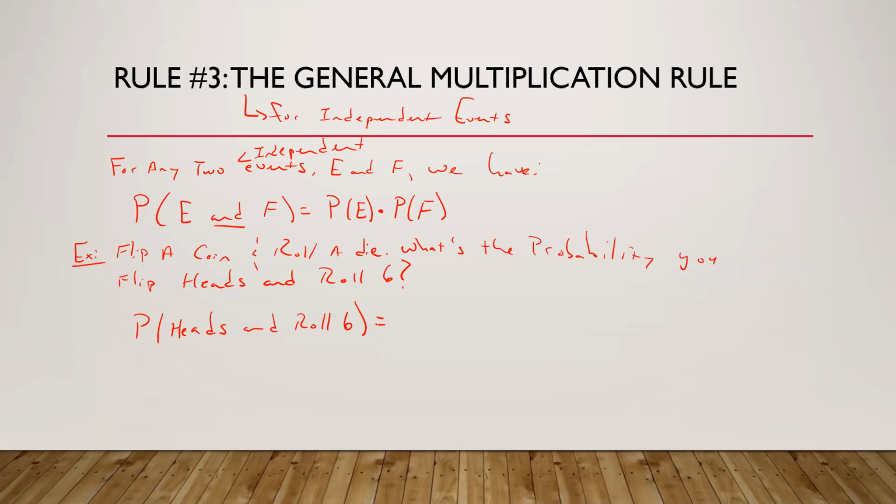So let's verify that this formula works. To use this formula, you have to ask: is flipping heads and rolling a 6 independent of each other? Yeah, they're totally independent. So you're just going to take the probability of the first event and multiply it by the probability of the second event.